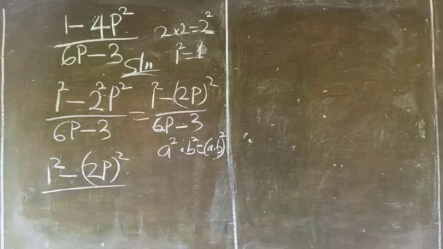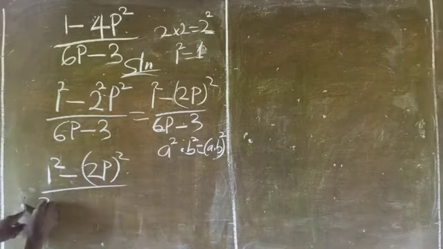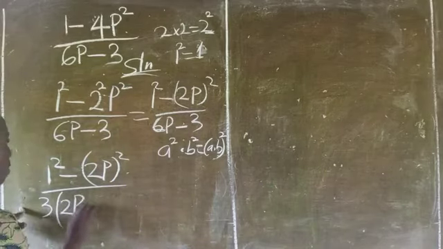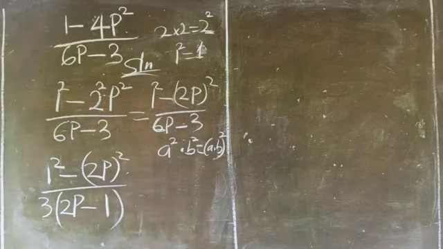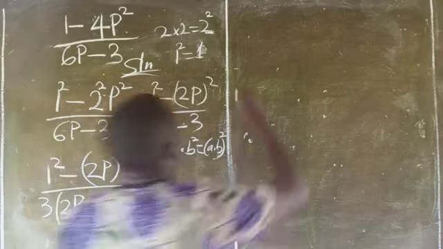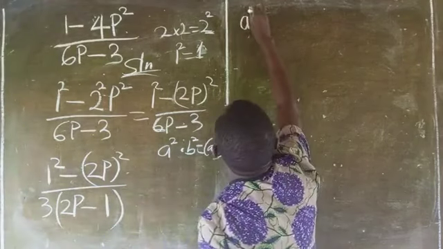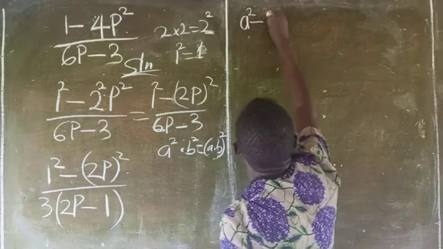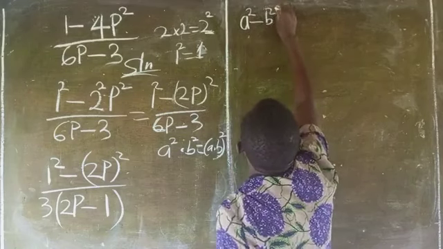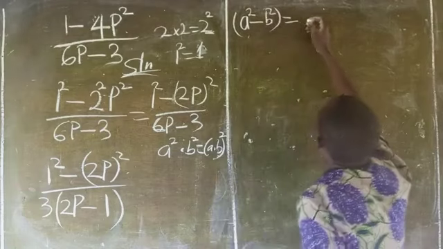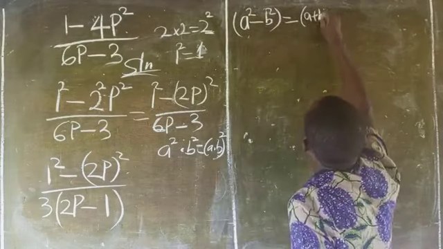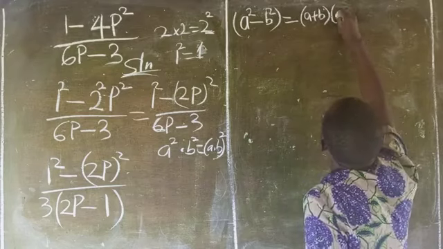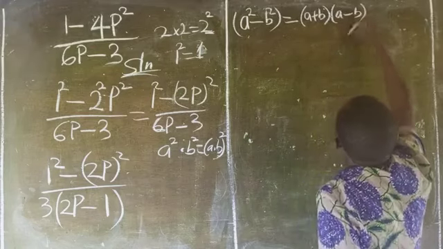So we continue from there, and it becomes 1 squared minus 2p squared, all over the denominator. What is common? We have 3 that is common. 2p minus 3 divided by 3, that will be 1. So the denominator becomes 3 into 2p minus 1. And the difference of two squares is if a raised to power 2 minus b raised to power 2, this should have an identity of a plus b times a minus b.